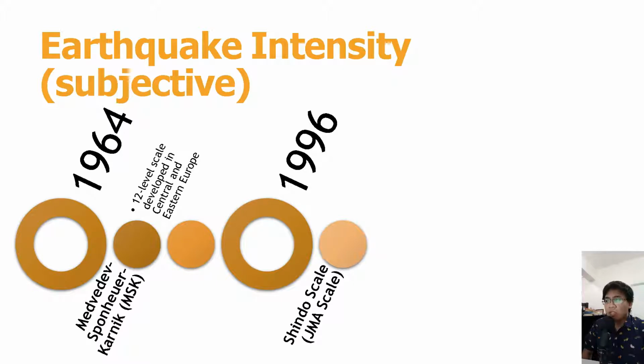Nung unang 1880 ginamit yung Shindo scale, I believe 4 scale pa lang siya. Pero habang humahaba yung panahon, pagdating 1996, yun yung final form ng Shindo scale. So, 7 level na siya from 4 scale origin in 1884.